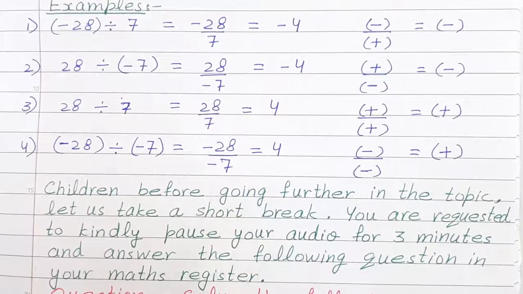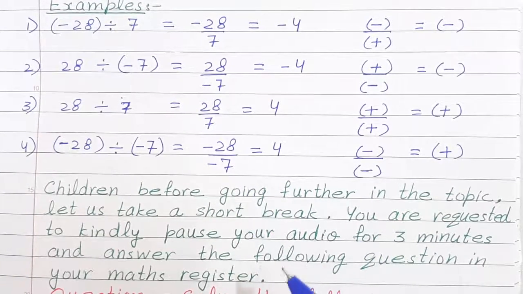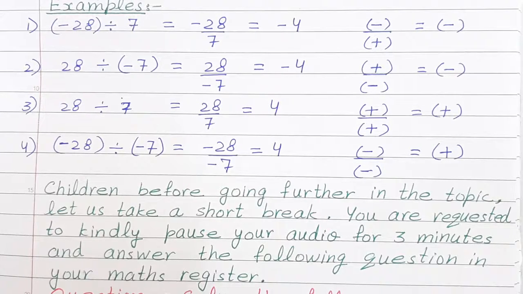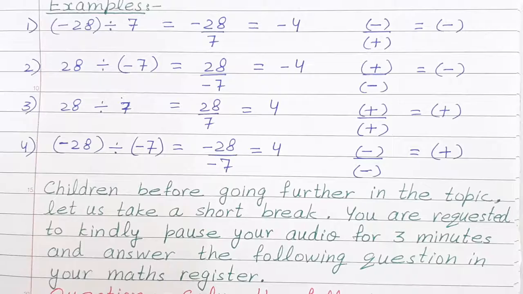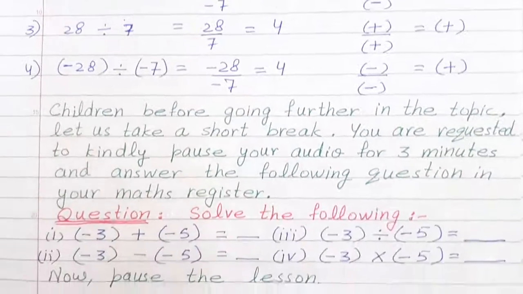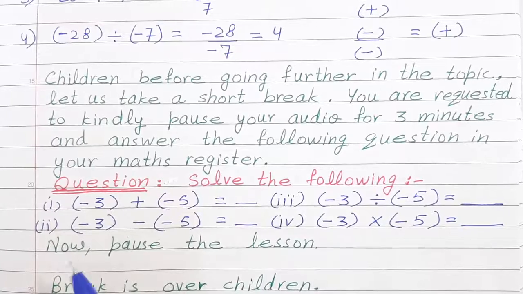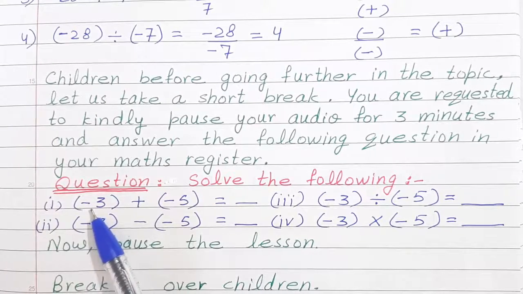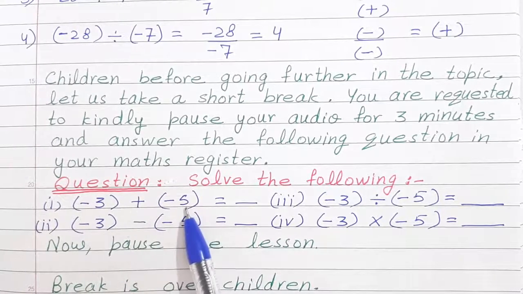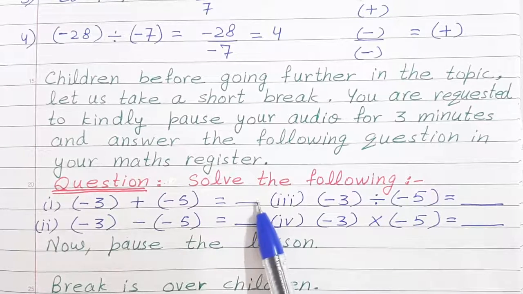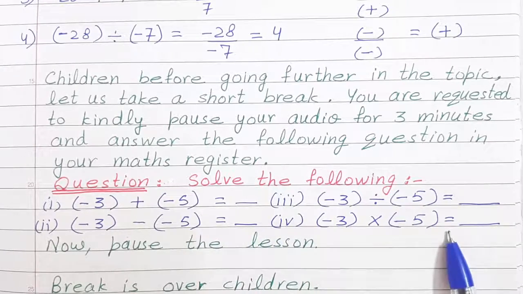Now children, before going further in the topic, let us take a short break, and you are requested to solve the given question in your maths register. The question is very easy. Just have a look. It is minus 3 plus minus 5 is equal to what? You have to fill this up, right?